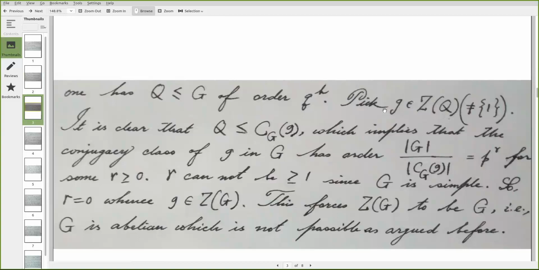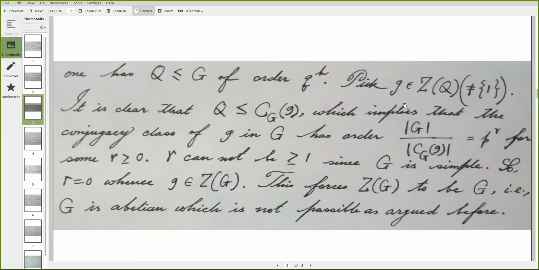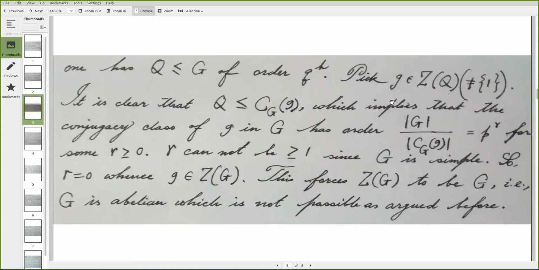If you pick any non-trivial element from the center of Q, because taking the identity doesn't make sense and doesn't give us anything, I should have mentioned that g is a non-identity element. So you consider g a non-identity element from the center.